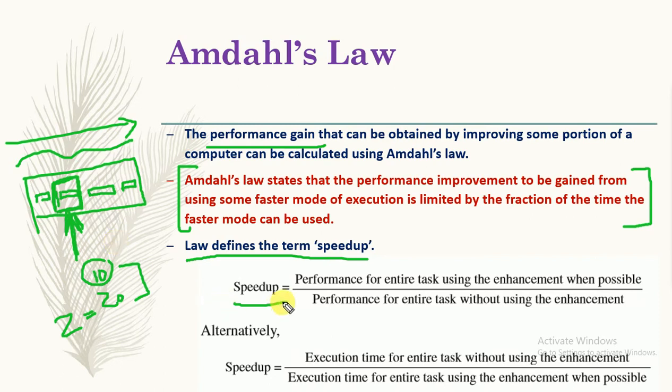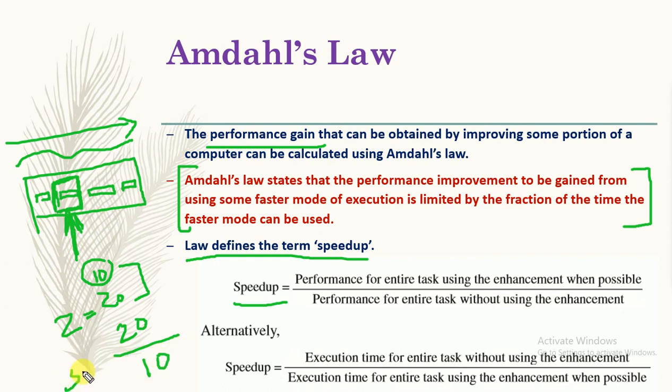So speed up can be defined as the performance for the entire task using the enhancement when possible. So on top we have with enhancement. For example, 20 was the value here, right? With enhancement the performance was 20, and downside the performance for the entire task without using the enhancement, that is 10.